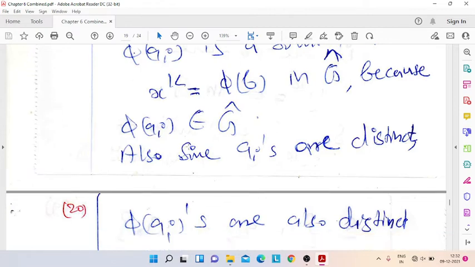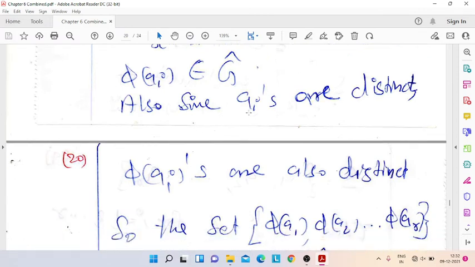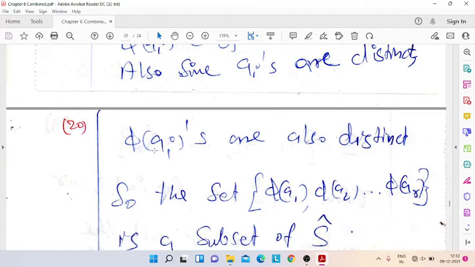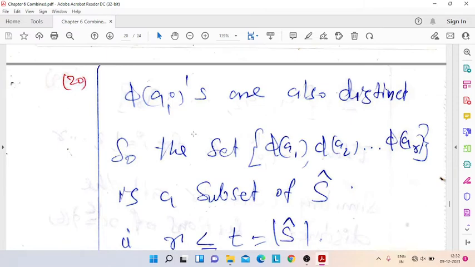Also, since all the a_i are distinct, all the φ(a_i) are also distinct.